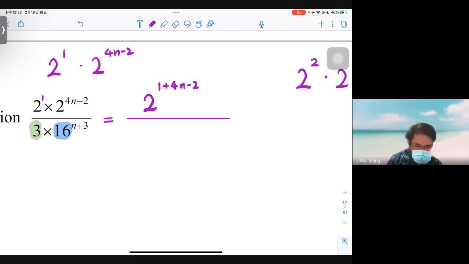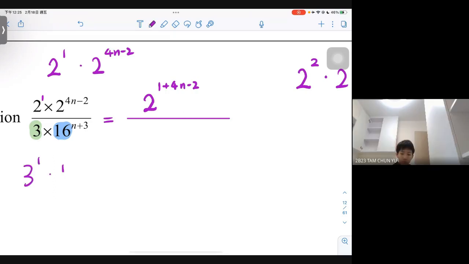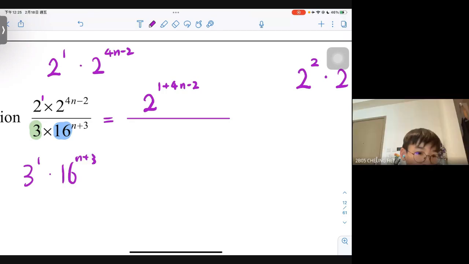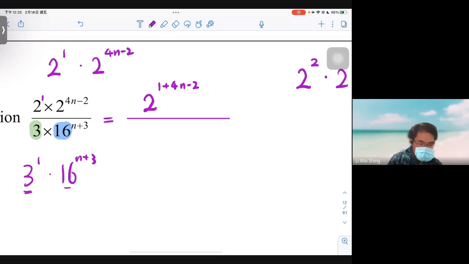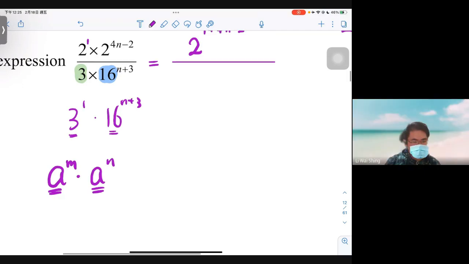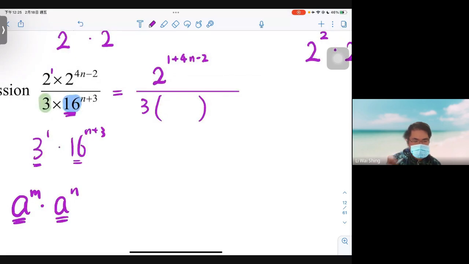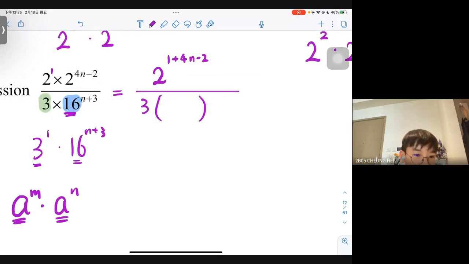有冇得 combine 㗎？呢兩嚿嘢個 base 一唔一樣啊？我哋幾時可以 combine 咧？就係個 base 一樣先可以 combine。今次個 base 一唔一樣，No. 咁所以我哋唔可以 combine。但係16有咩咁特別啊？16係2嘅幾多次方啊？2 to the power of 4.